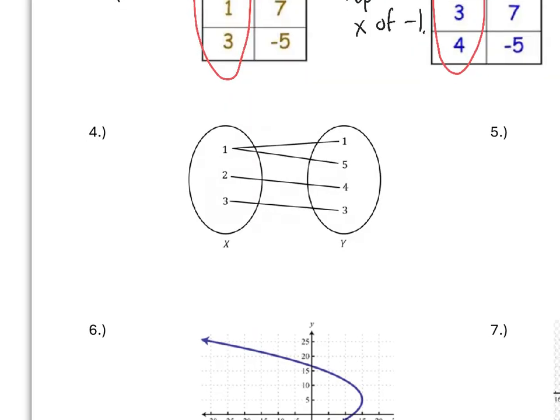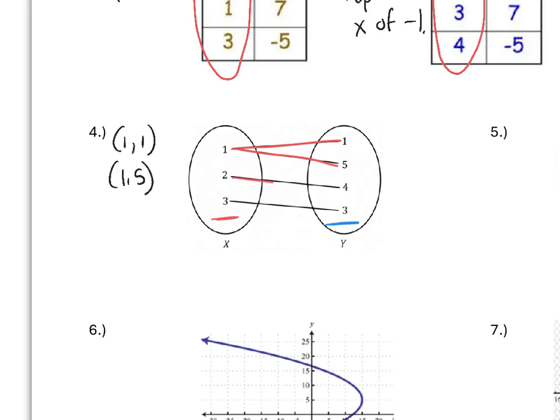Then we have some mapping diagrams. What I like to do for these is write them as ordered pairs, because you can more clearly see what it's saying. So each of these on the left in the X box pairs with an item from the Y. So we have 1, 1 if we follow this arrow. We also have 1, 5.